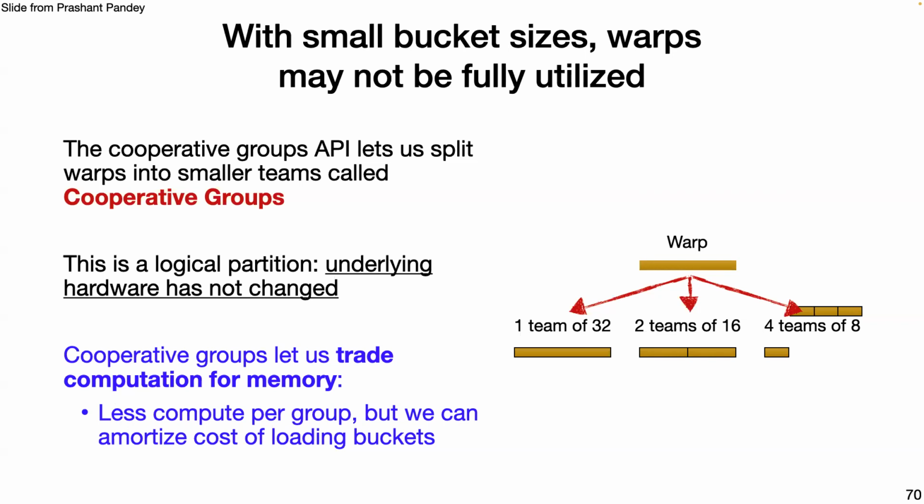This is not partitioning the warps on the hardware differently; it's just a software-level partitioning. They trade computation for memory efficiency, because they are, of course, less efficient than using the warp directly, but they can now use the buckets at their originally intended sizes.